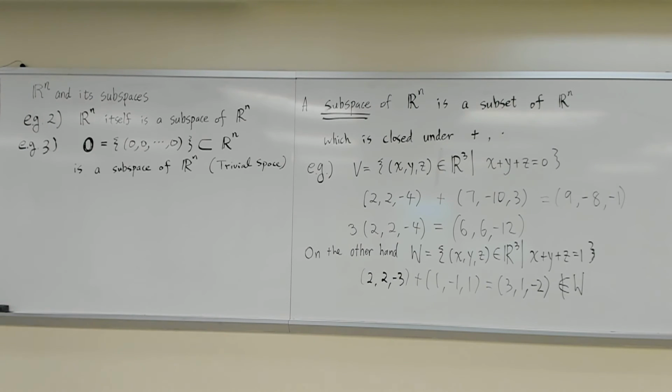And the reason is, again, kind of obvious. If you take two of these, adding 0 and 0, it's again 0, right? And if you multiply any number by 0, you get 0 as well.